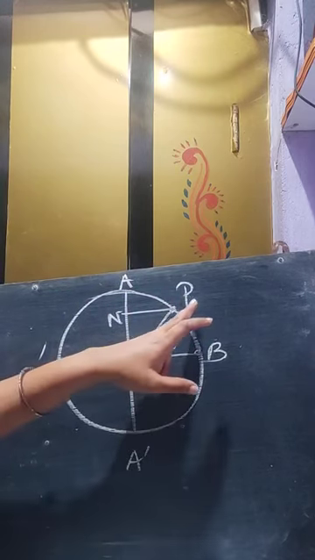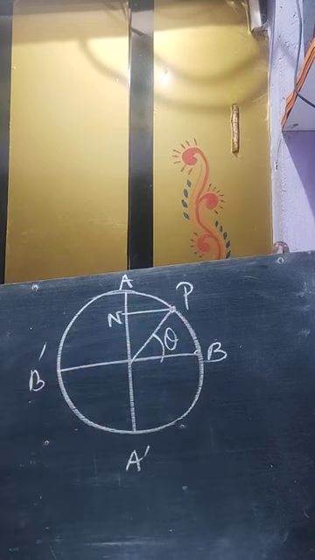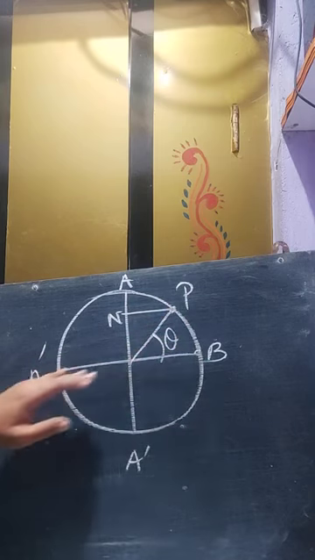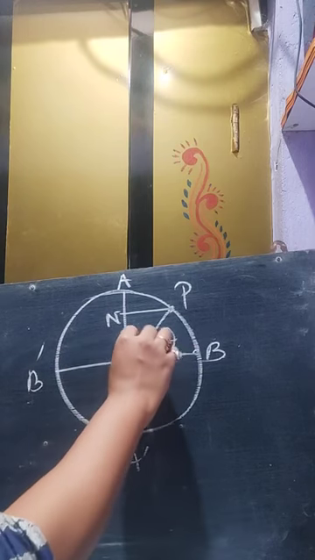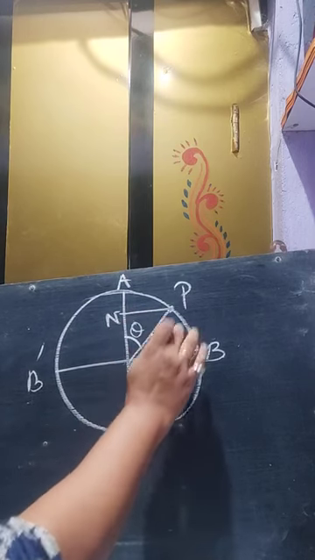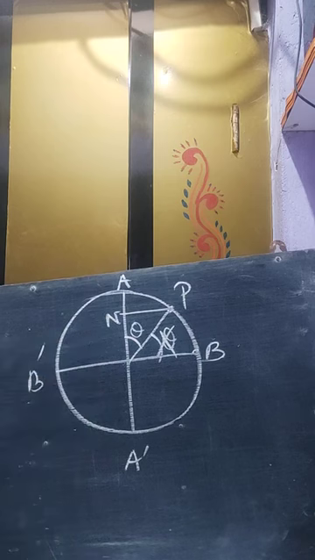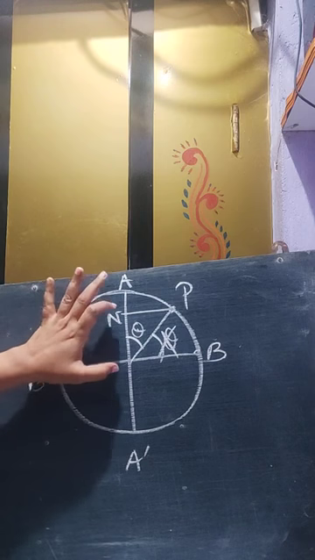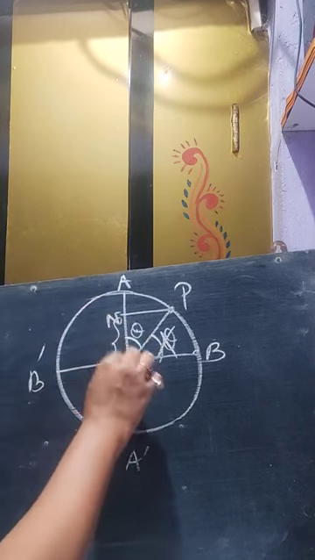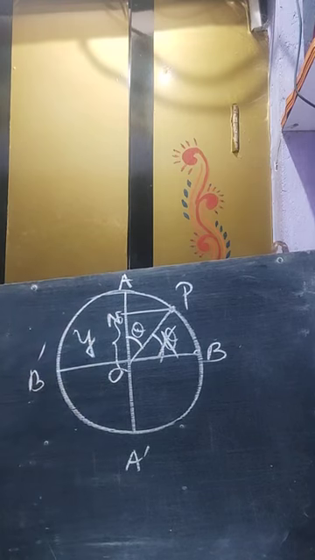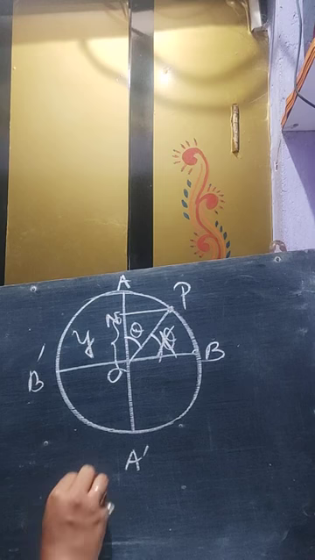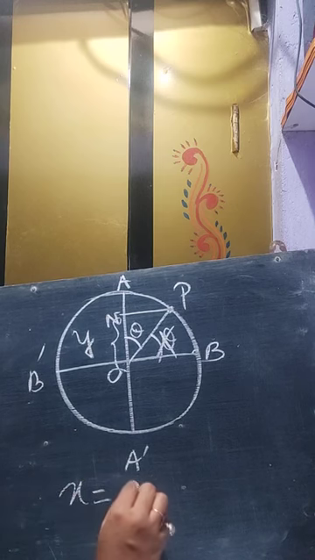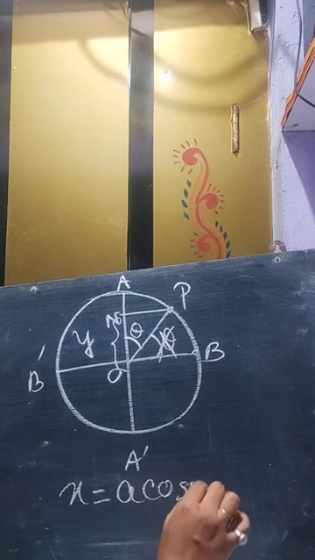So, instead of doing this, if I consider the theta along this, then the term ON, that is y, becomes cos, right? So therefore, we can write x equals A cos omega t.